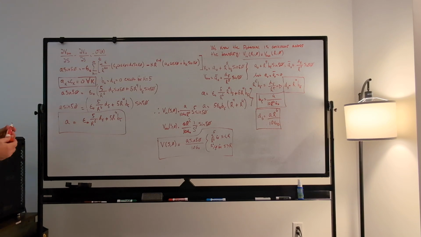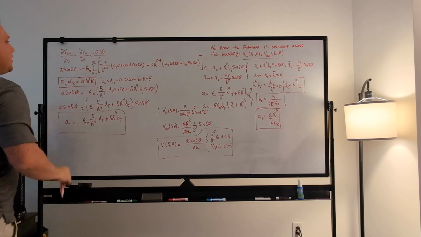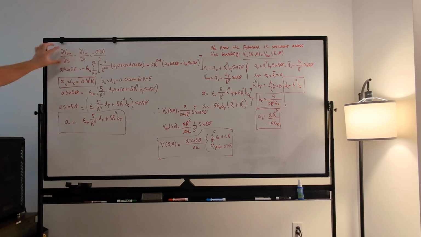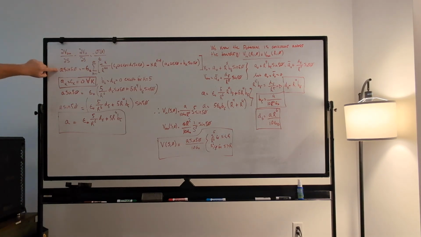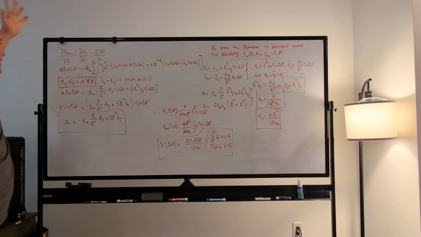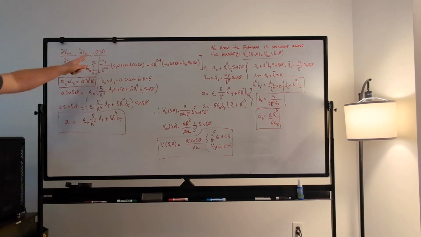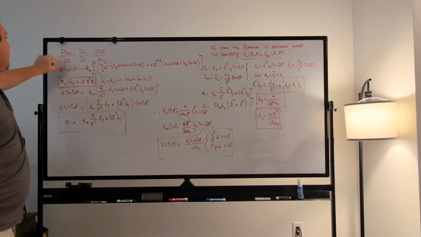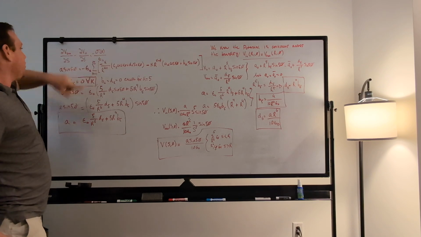Now we're going to come back over here. This is the expression we're trying to evaluate. So we're going to plug in these derivatives we just found and plug in our charge density function. Our charge density function was a sine of phi, where a is just some arbitrary constant given in the problem. So a sine of phi is equal to, I've multiplied the epsilon naught and the minus sign over, so minus epsilon naught, and then plugging these in, you get the summation from k equals 1 to infinity.